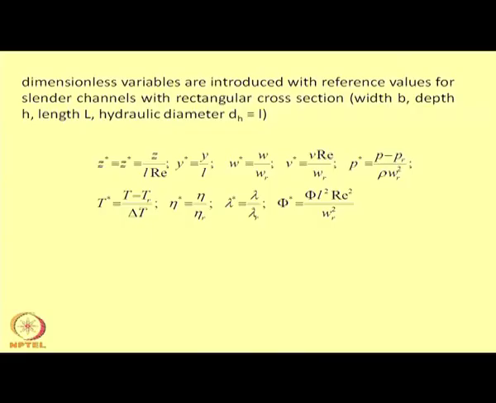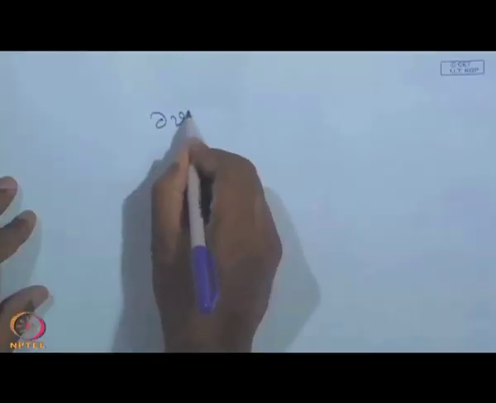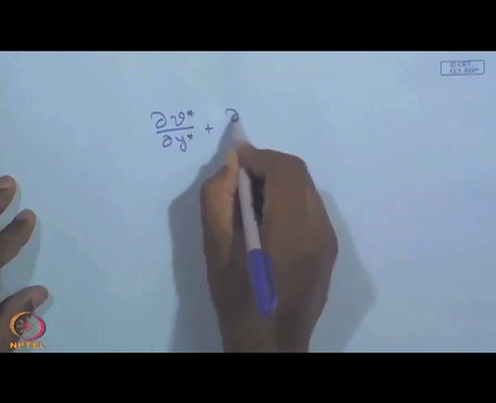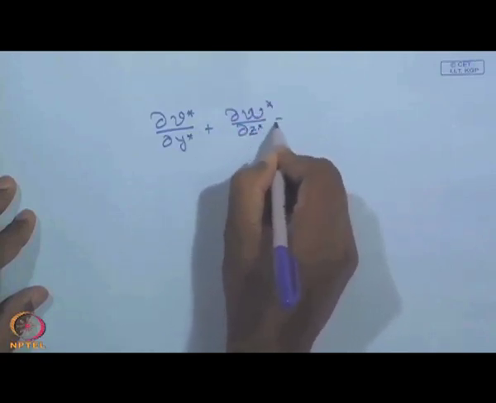Obviously, the continuity equation in non-dimensional form would be del V star by del Y star plus del W star by del Z star equal to 0.